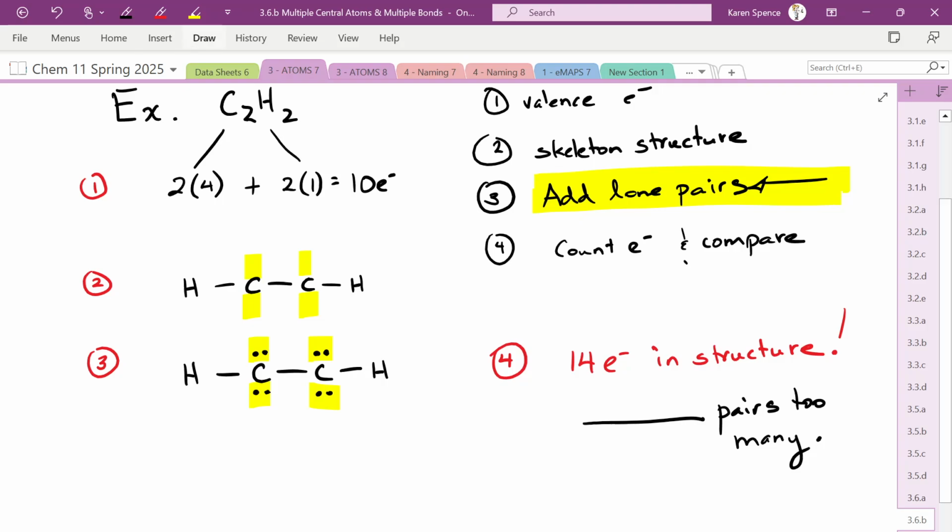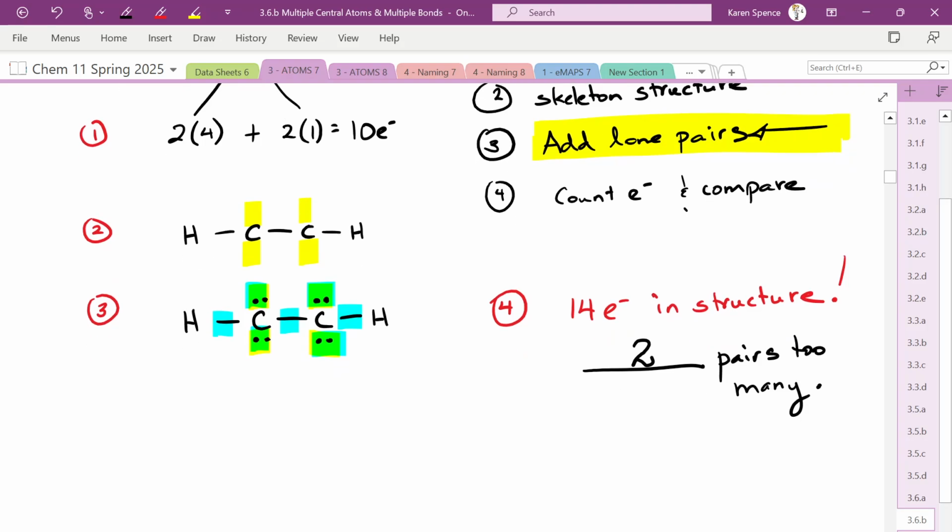If I count the electrons in my skeleton structure, I added lone pairs until everybody had 8, but I've created the problem that I have 2, 4, 6, 8, 10, 12, 14 electrons in the structure. That is 2 pairs too many. And that's where we come to step 5.